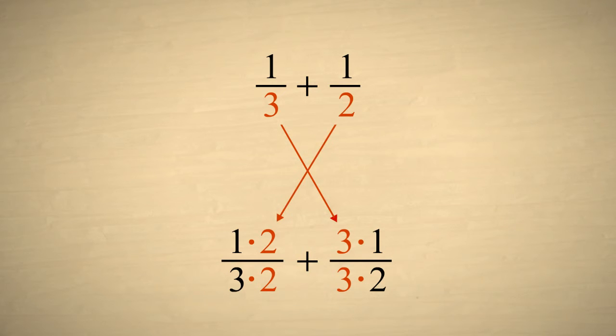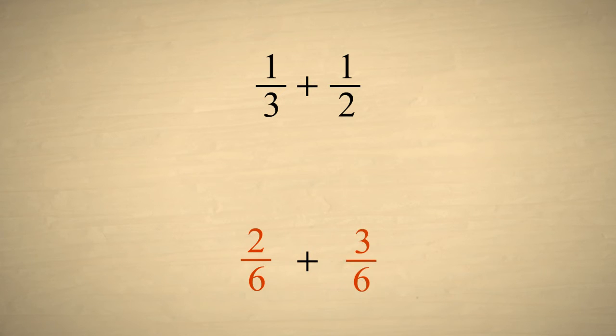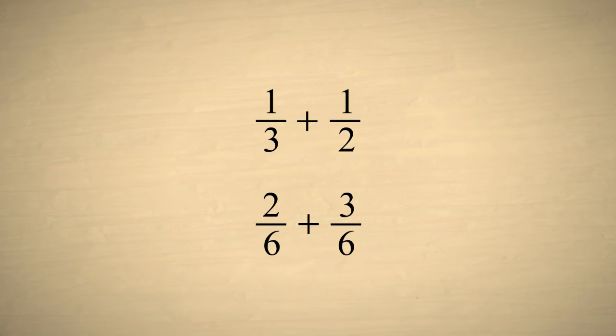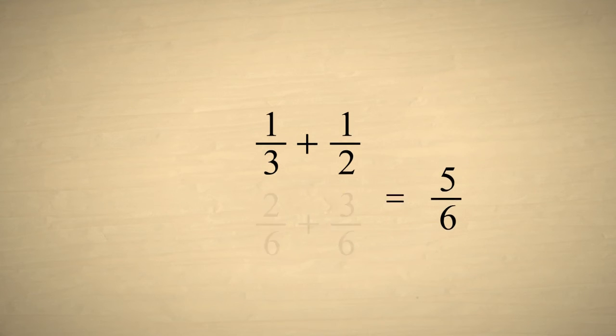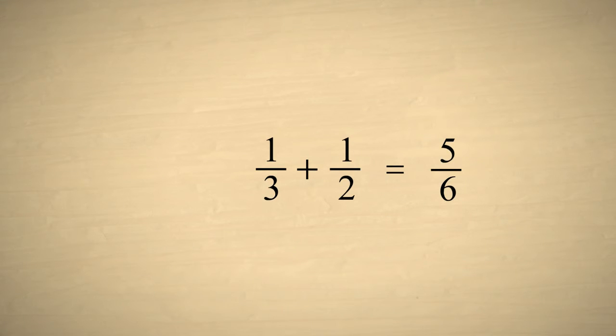So we multiplied the top and bottom of each fraction by the other fraction's denominator. This gave us 2/6 plus 3/6, and 2/6 plus 3/6 is 5/6. So we found that 1/3 plus 1/2 is equal to 5/6.